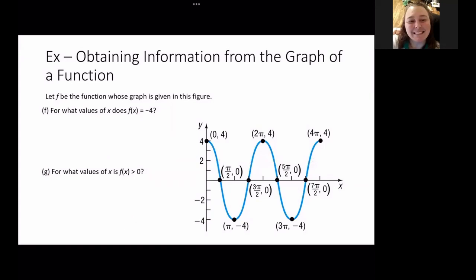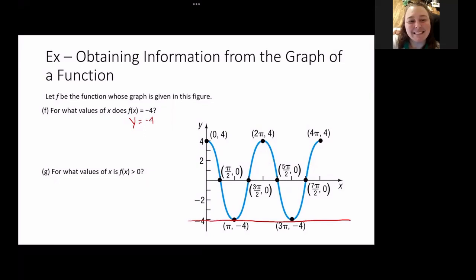Last but not least, let's look at some different equations. For what value of x does f of x equal -4? What we're saying is y equals -4. So we want to know where y equals -4. If I draw the line y equals -4, it's supposed to go through this little point. We're just going to make it a really thick line. It covers up all the boo-boos.